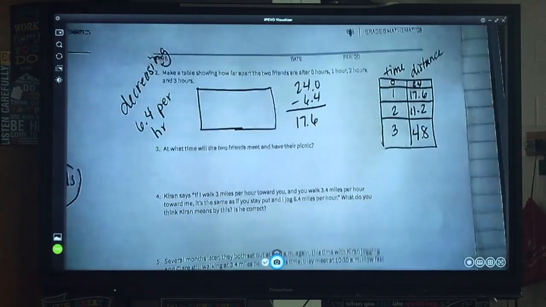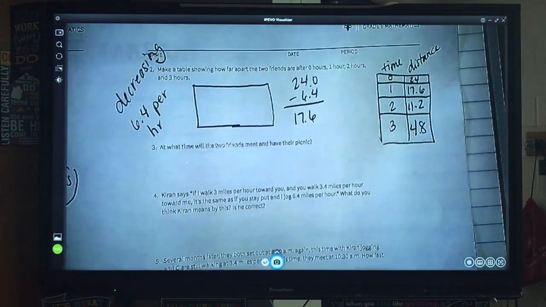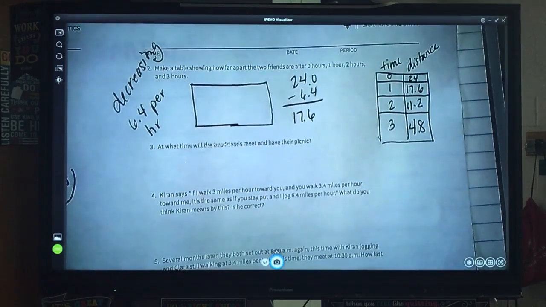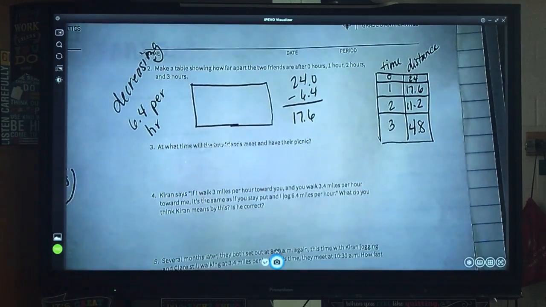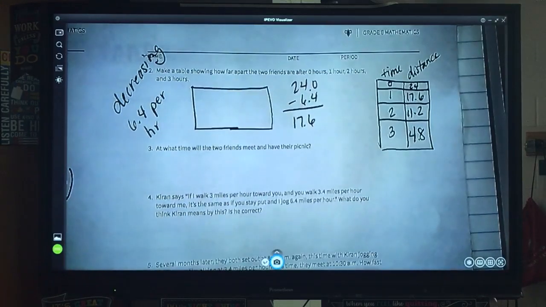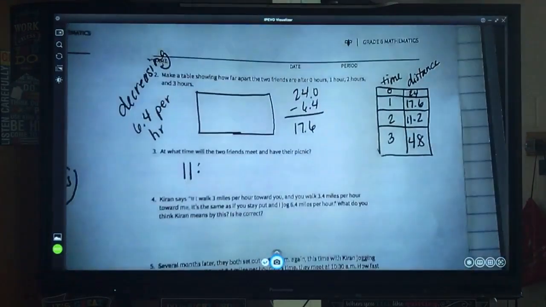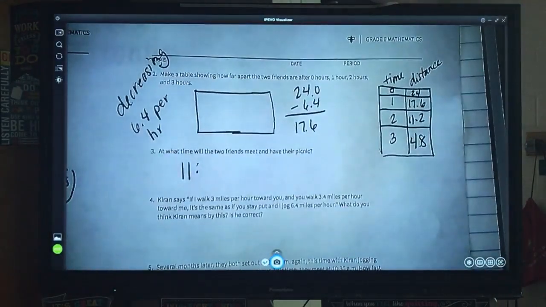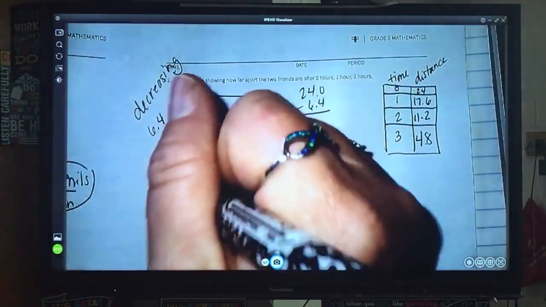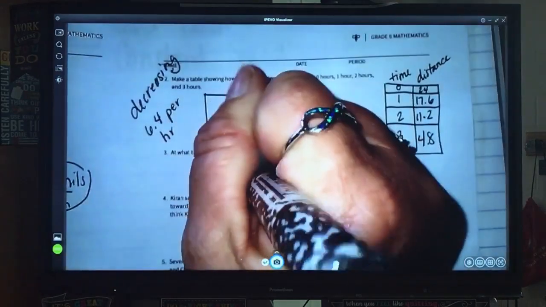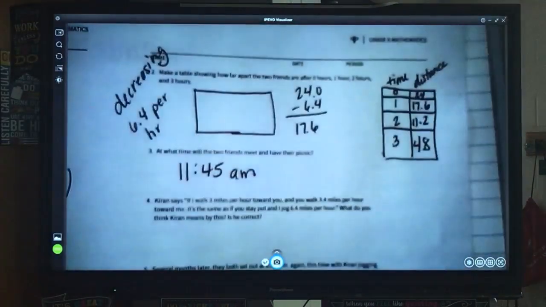But is it gonna be before 11 or after 11, and how do you know? There's 4.8 miles left, and they're walking at a rate of 6 and 4/10. So what time do they meet there? 11:45 a.m.